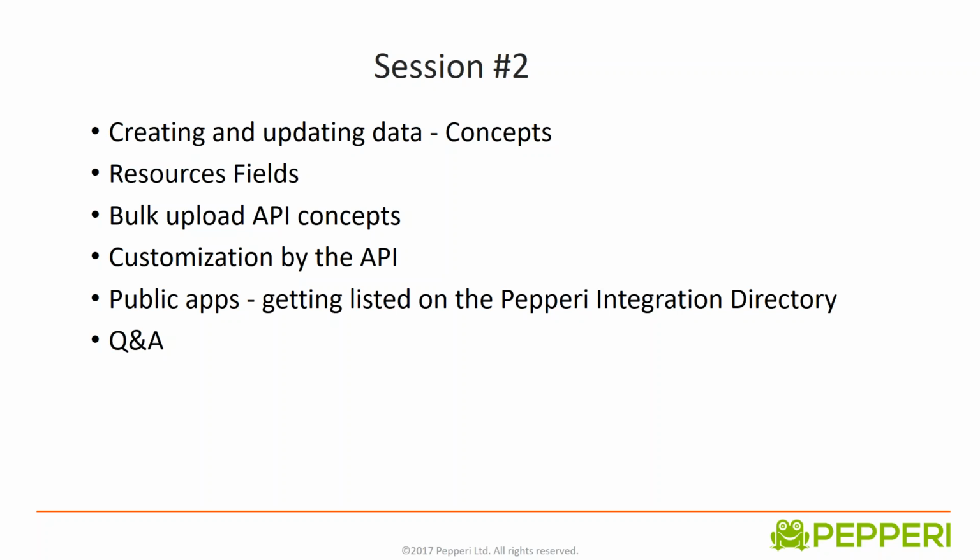If you're working with some kind of an ERP system, and you have your own expertise in this system, you can create your app using the API, and we will publish it.